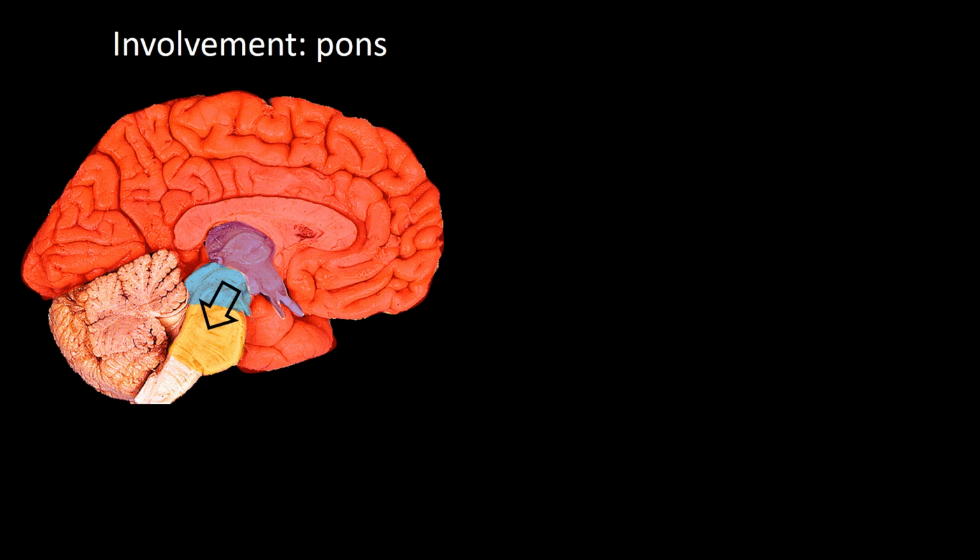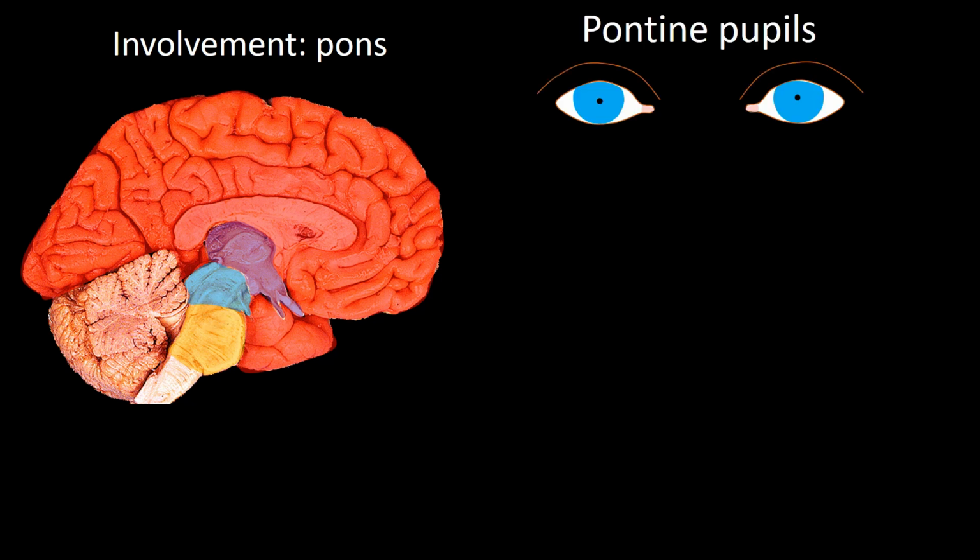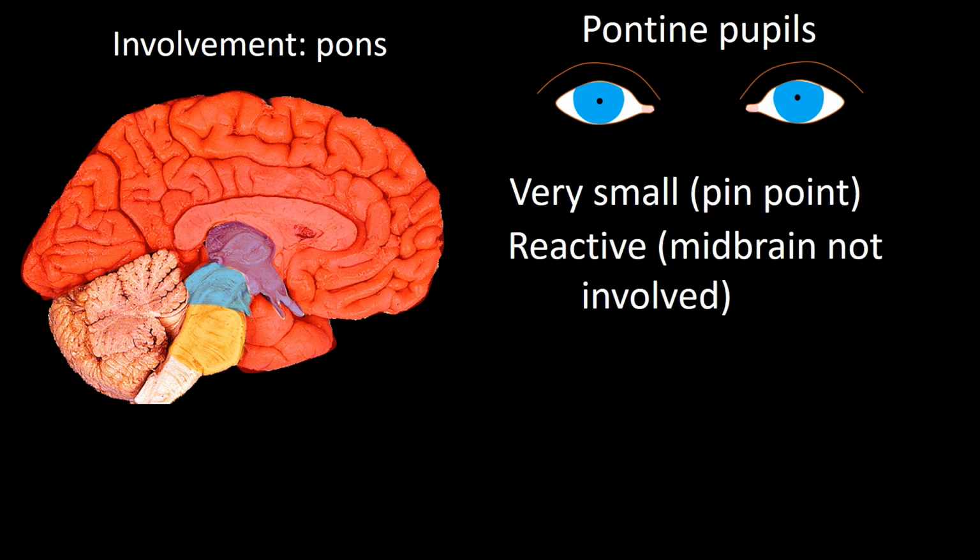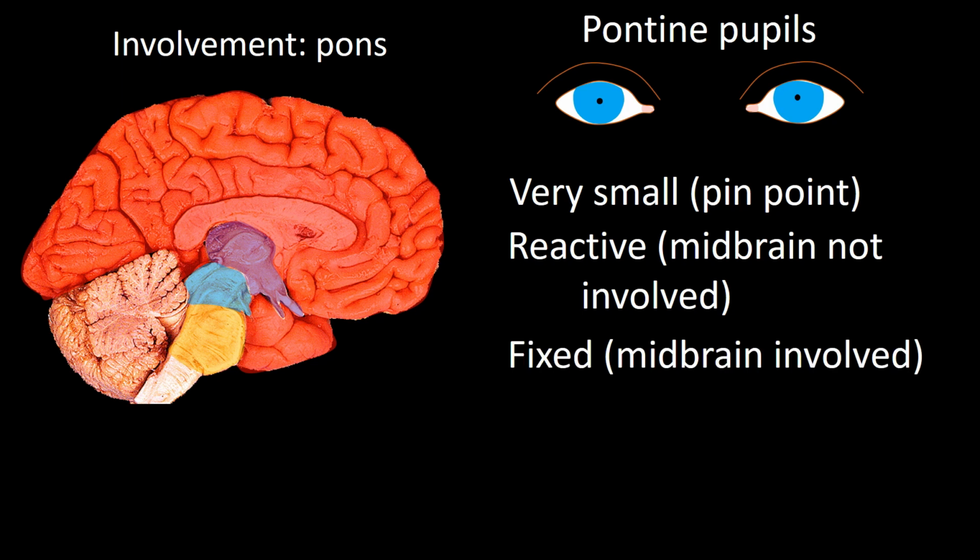Pontine involvement produces pontine pupils. Pontine pupils are very small. They are often called ping-pong pupils. They are reactive if midbrain was not involved prior to the pons being affected, and fixed if the pons damage occurred as a manifestation of caudal disease progression throughout the neuroaxis, reflecting midbrain involvement.